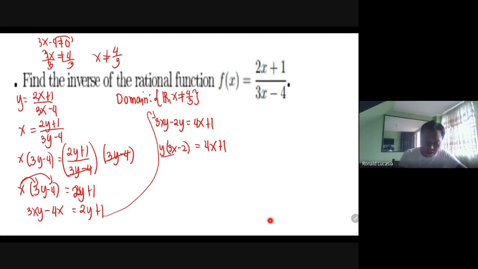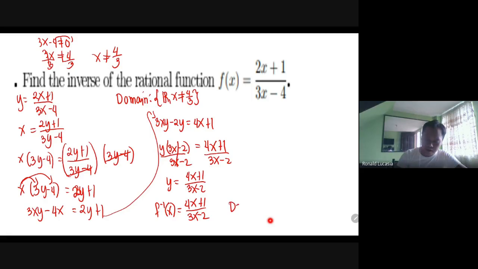Since we are going to solve for y in terms of x, you have to divide both sides by 3x minus 2. So our y will be 4x plus 1 over 3x minus 2. Therefore, the inverse of the given function is 4x plus 1 over 3x minus 2.